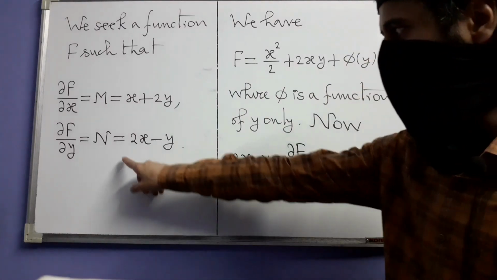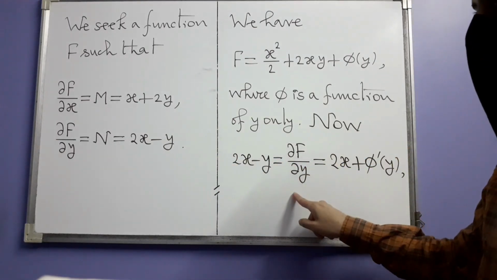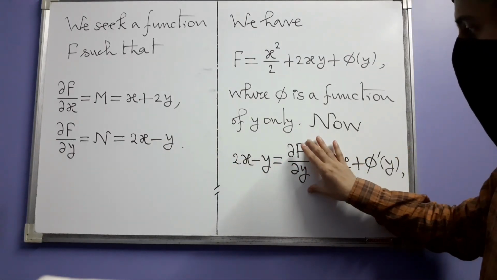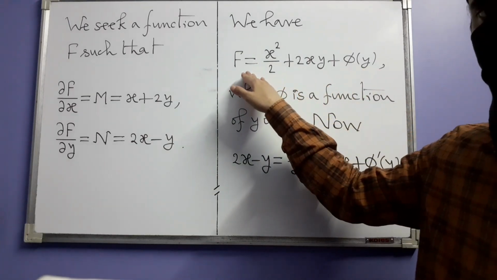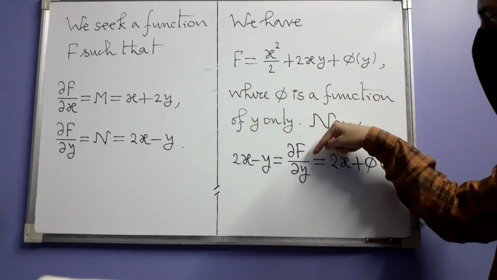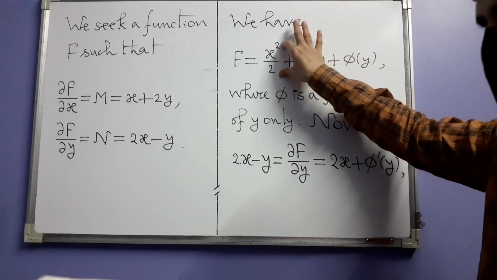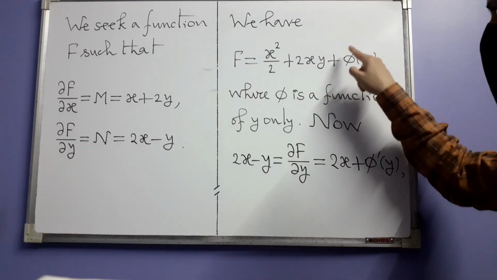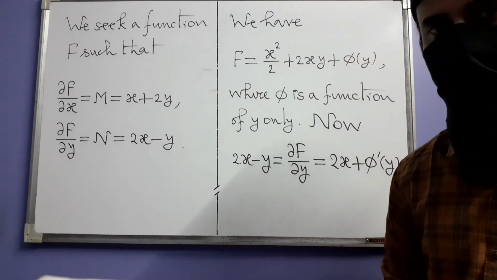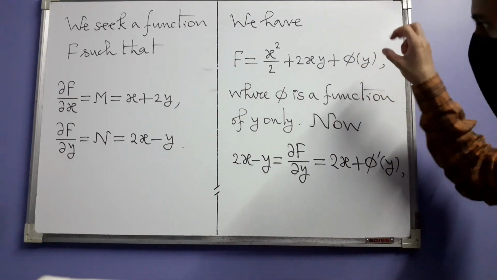So next we use this equation 2x minus y equals partial f by partial y, but in place of f we now use this expression for f and differentiate it partially with respect to y. This term will contribute 0, this will become 2x, and here ordinary differentiation will come because you are differentiating partially with respect to y, and here you only have y.